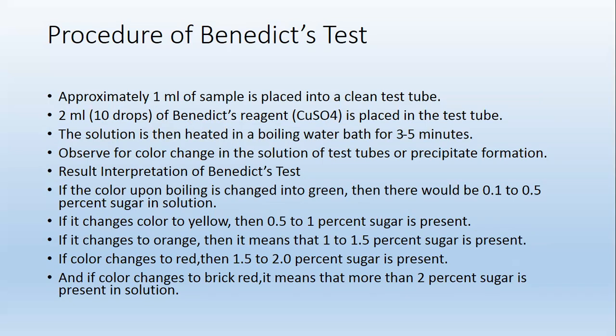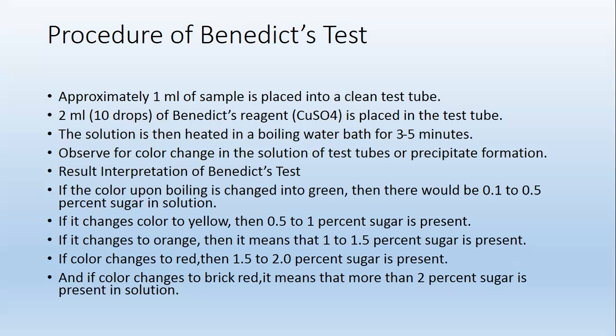Results and interpretation of Benedict's test. If the color upon boiling changes to green, then there would be 0.5 to 1% sugar in the solution or sample. If it changes color to yellow, then 0.1 to 1% sugar is present.